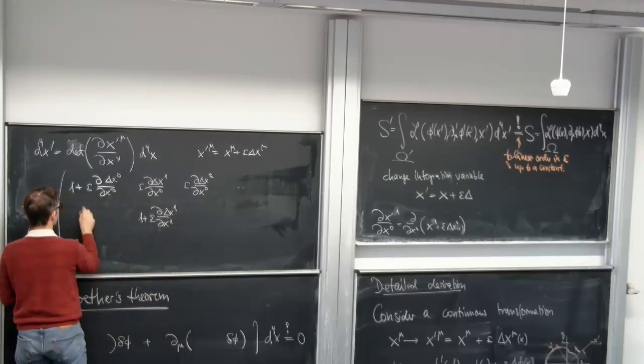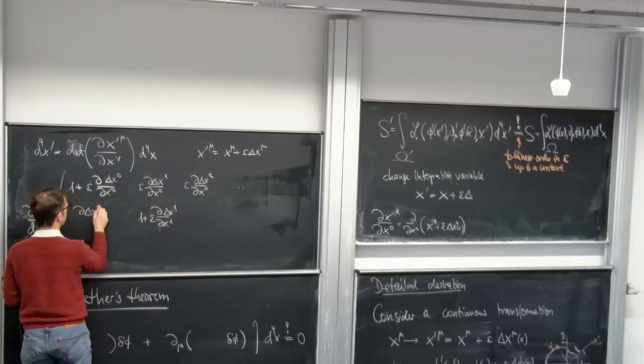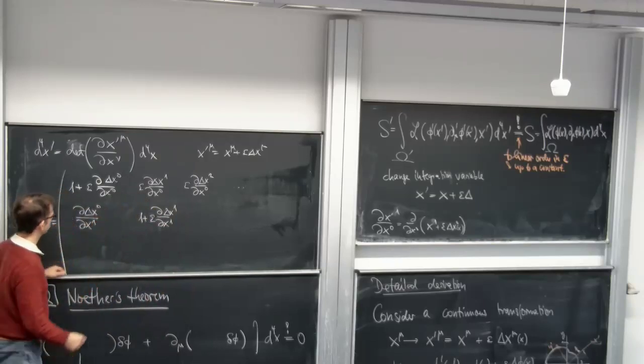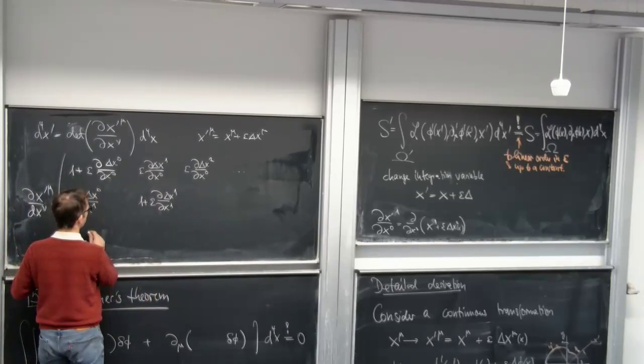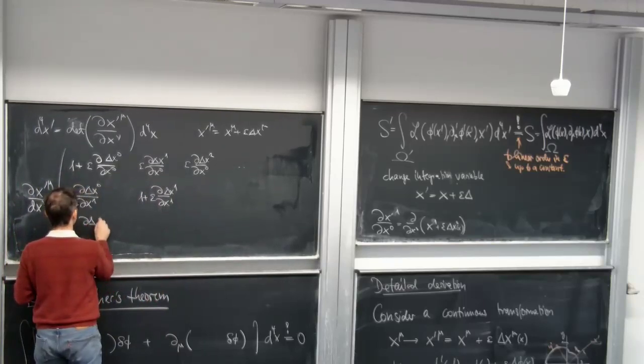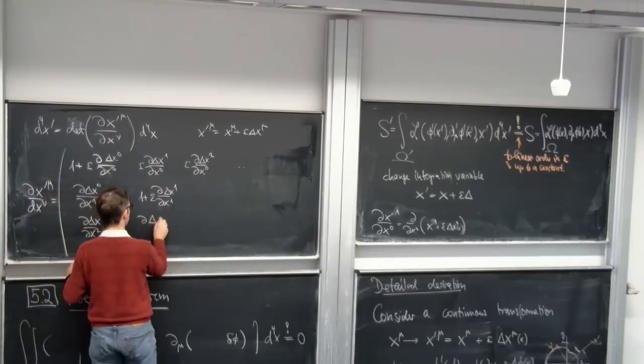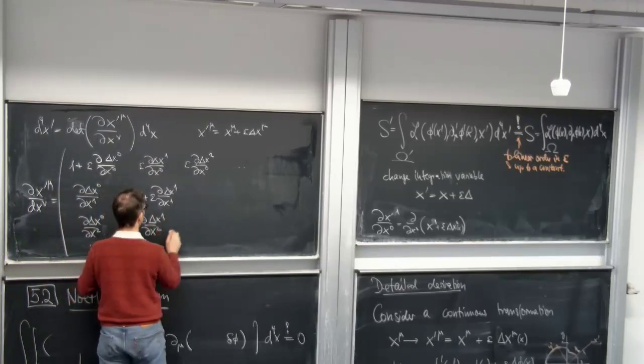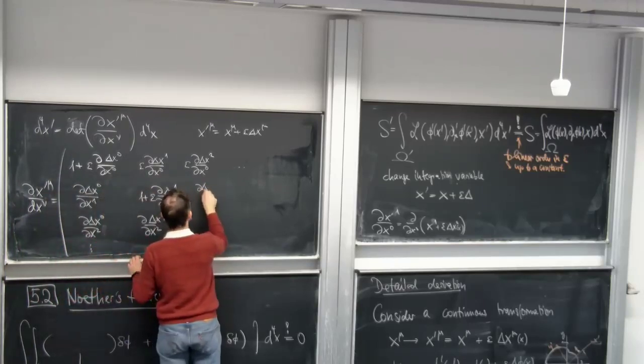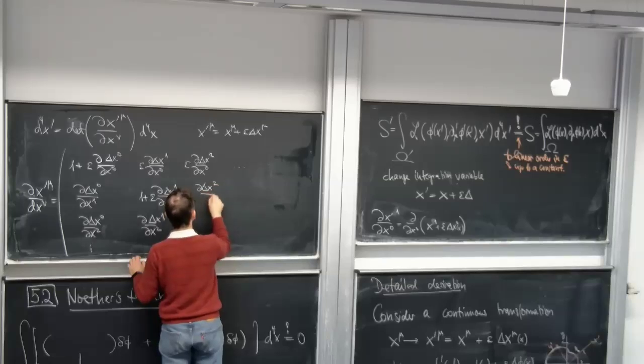Here, where the delta x 0 gets differentiated, there's no 1 term. And then let's write one more, delta x 0 by dx 2, and another one, d delta x 1 by dx 2, and this is d delta x 2 by dx 1.